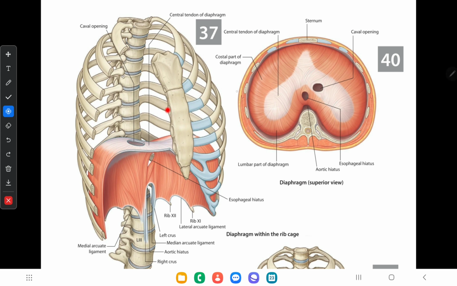I told you previously as well, the peripheral part of the diaphragm is made by muscular fibers, and the central part is the tendinous part or fibrous structure.